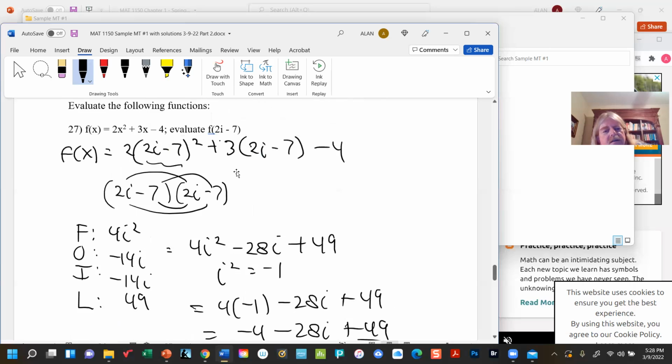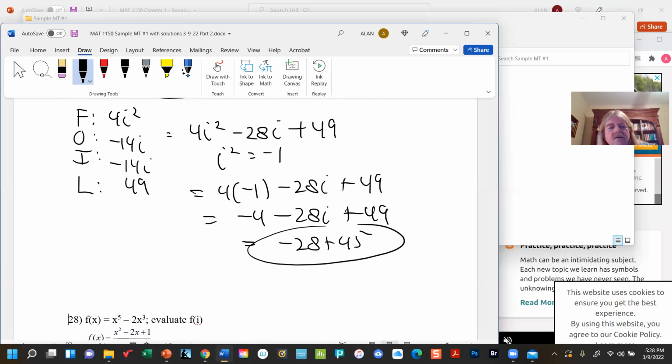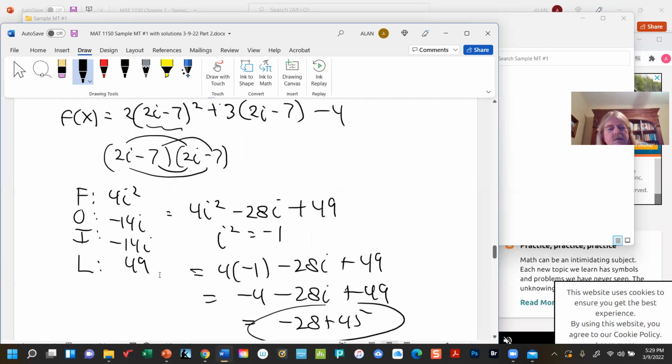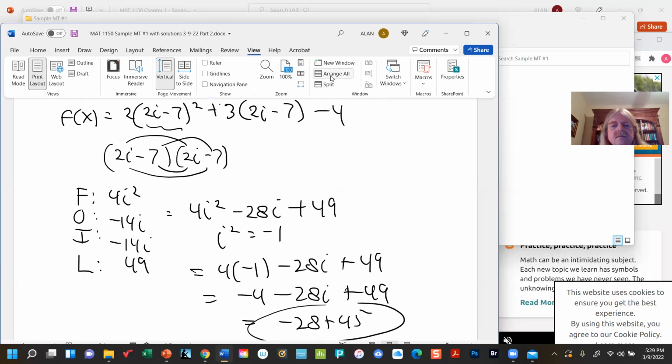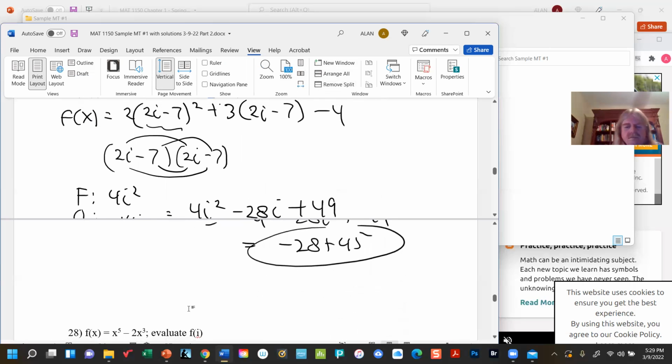But that's just this part. We're not done, not even close. And so we're going to end up with, let's split the screen. Two times f of x therefore equals 2 times minus 28.